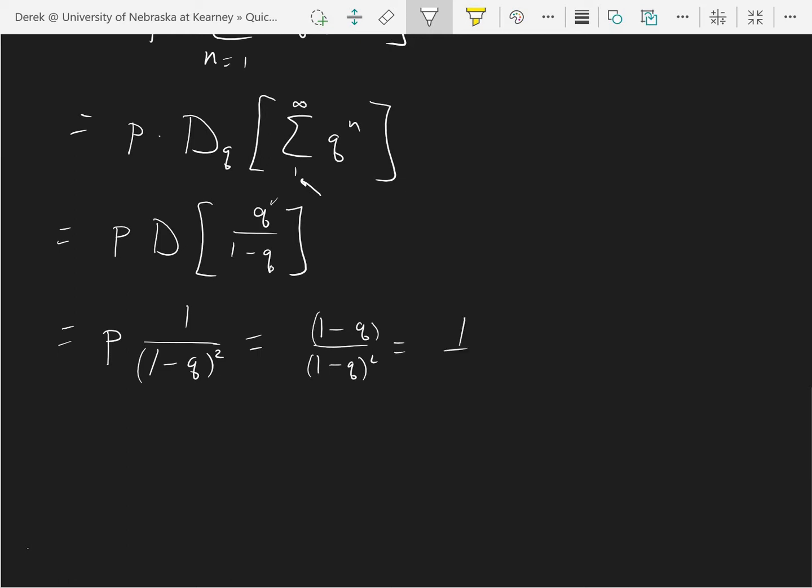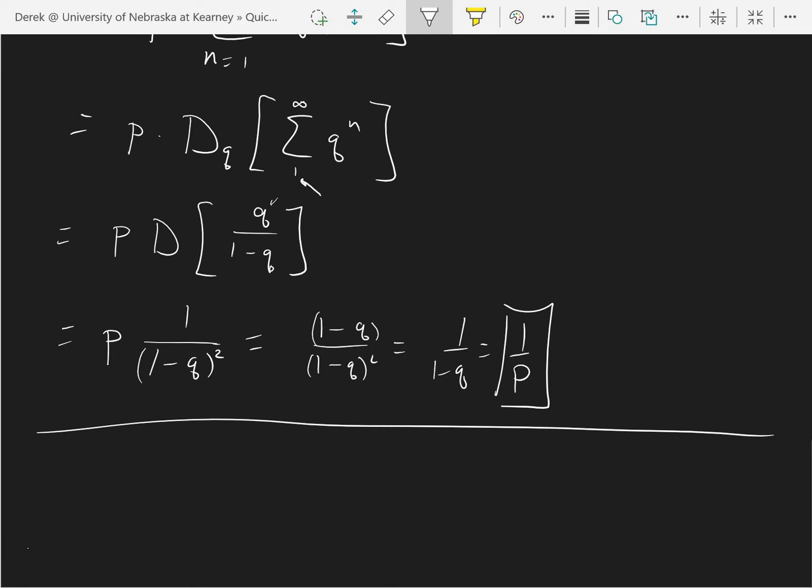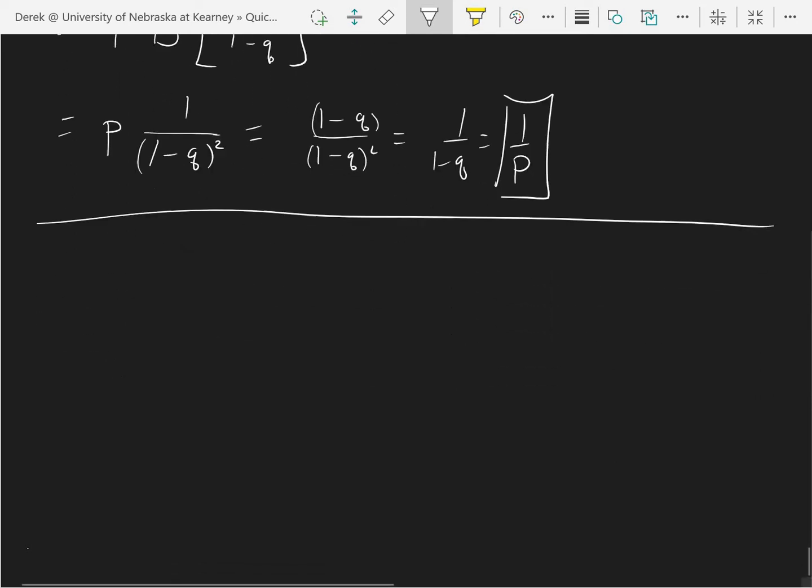This is 1 over 1 minus Q, which is 1 over P. So if the probability of heads is P, the expected number of flips to get the first heads would be 1 over P. So that's one application of Taylor series. We can sum up certain series that we might not otherwise be able to. Let's see another example.